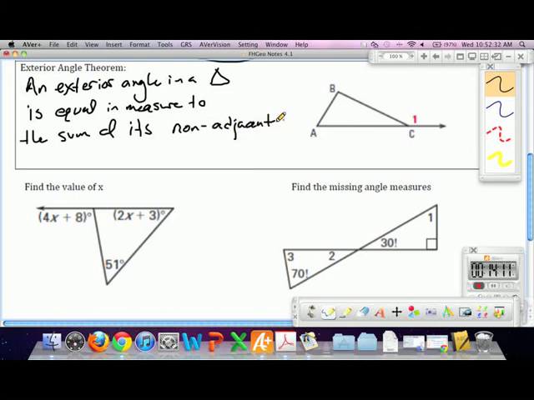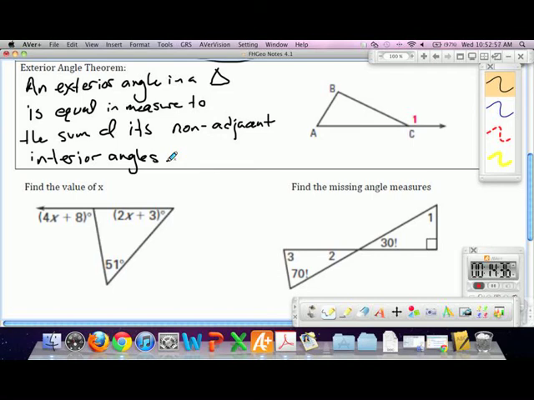What does that mean? What are adjacent angles? Angles that share a side. Well, there are 3 interior angles of this triangle. Where are the interior angles that don't share a side with angle 1?